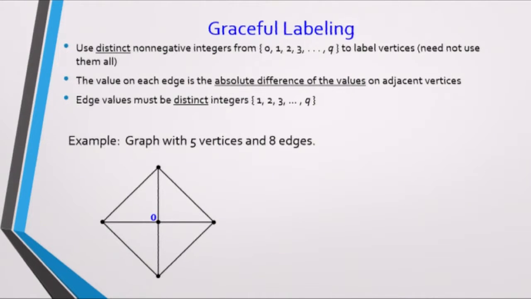It's 0. And the absolute difference is obviously 1. Let's label that one 2. Absolute difference between 0 and 2 is 2. Okay, now we have a 0, 1, and 2, so let's label this one 8. Then the absolute differences would be 8, 7, 6.